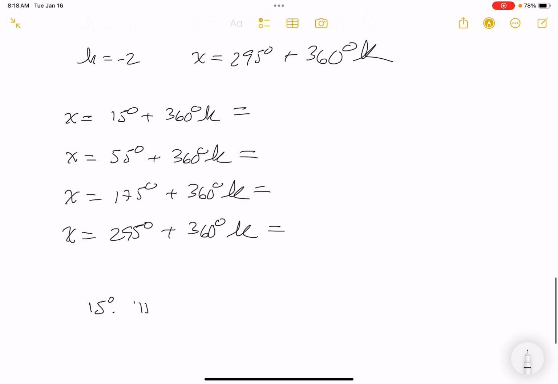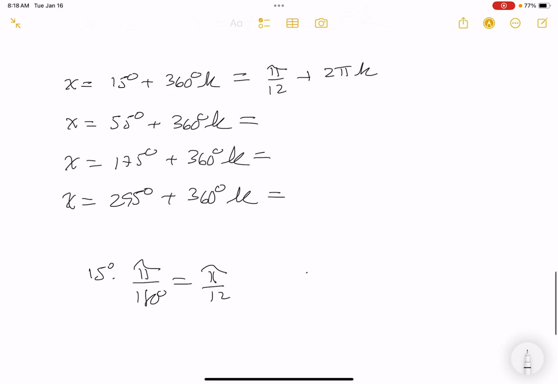So 15 degrees times pi over 180 degrees would be pi over 12. So I'm going to write this as pi over 12 plus 360 is 2 pi, right? All right, let's do the other one, 55 times pi over 180 degrees.